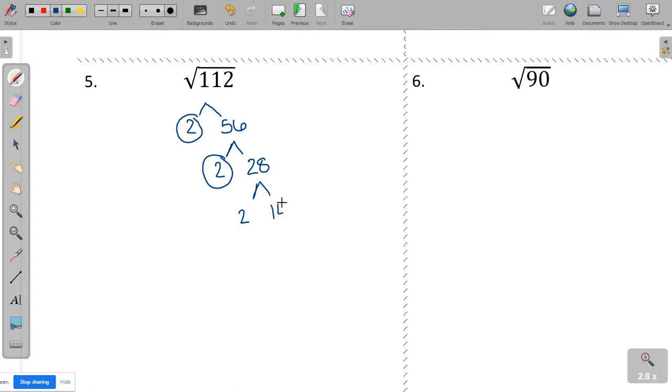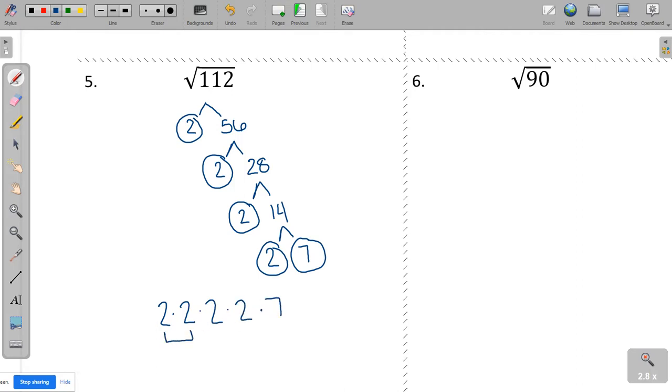We get 14. 2 is prime. 14 we can break open. And 2 goes into 14 7 times. 2 is prime. And 7 is prime. So we get 2 times 2 times 2 times 2 times 7. We have buddies, goes on the outside. Buddies again, goes on the outside. Solo goes on the inside. So 2 times 2 is 4. Bring over the square root of 7.